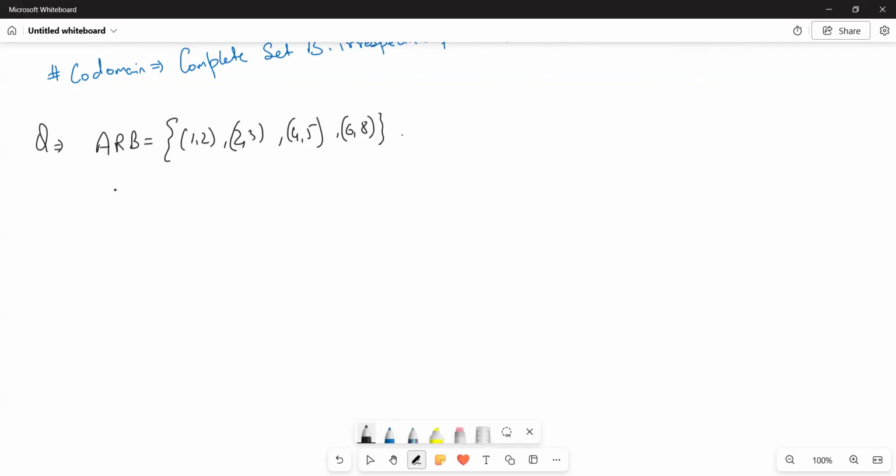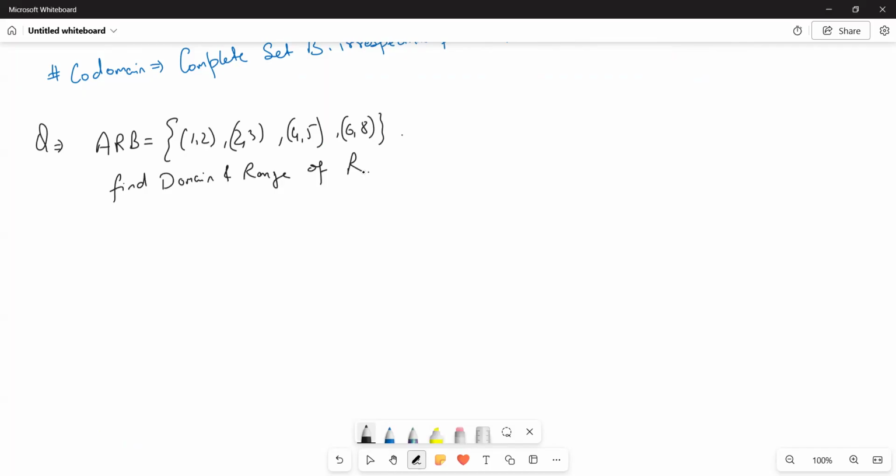Find the domain and range of R. What will be the domain and range of R?